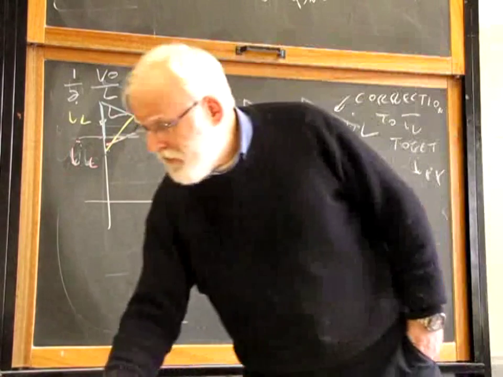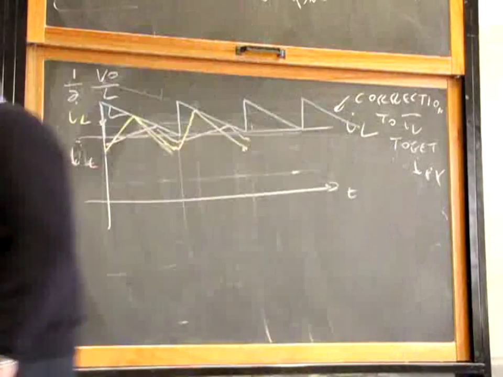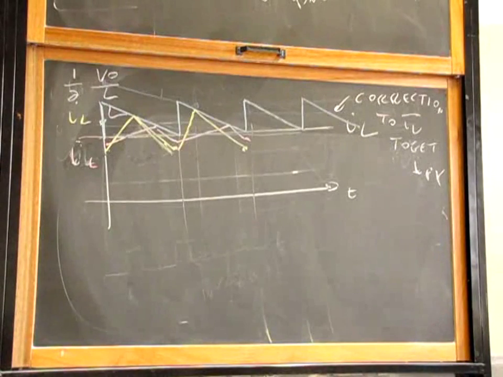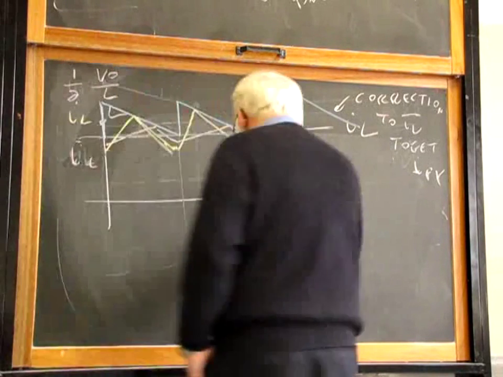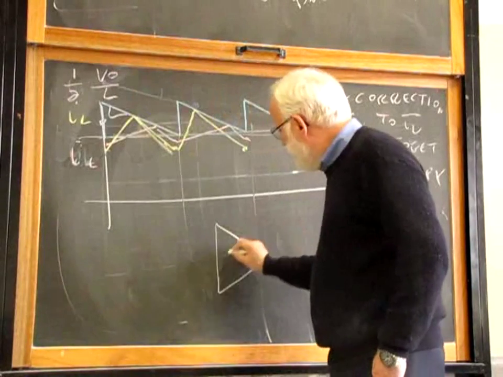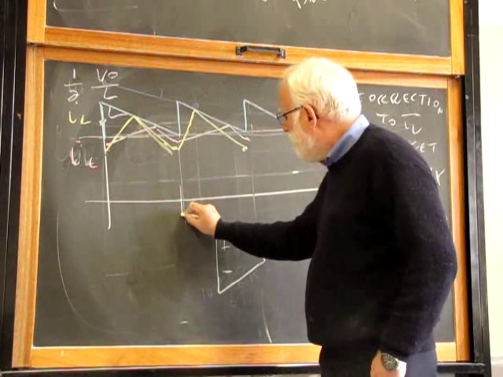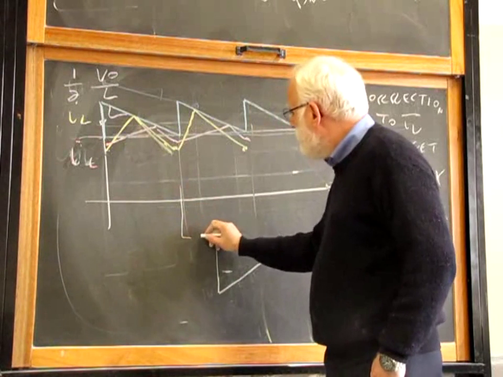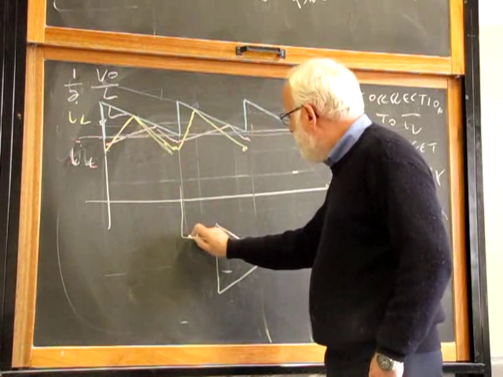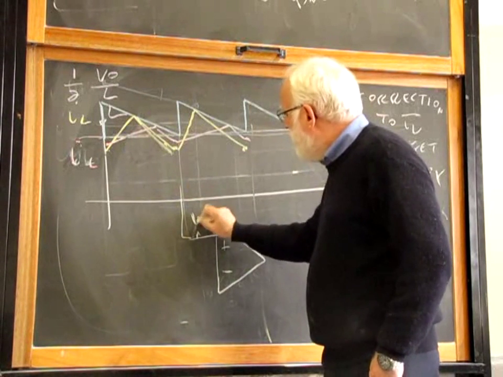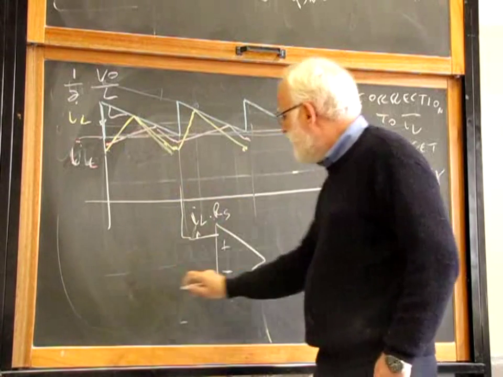So, the circuit I needed to implement to get this is something like this. This is IL times Rs.